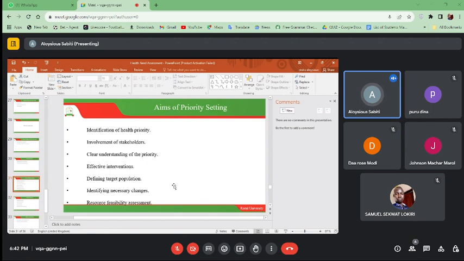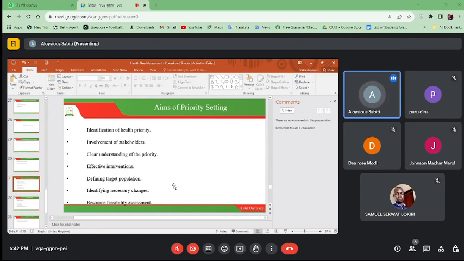Why do you have to set a priority that this one is the most important and this one is not? That is very important when you're trying to set that priority. So you have to identify the health priority.